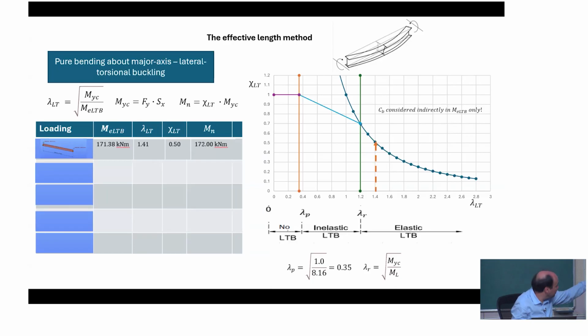And if we put the 1.41 into the curve, then we can read the corresponding reduction factor, which will be around 0.5. We multiply the cross-section strength by 0.5, and we have the LTB strength. For the other case, when we had the load on the center of gravity, the critical moment was 194.